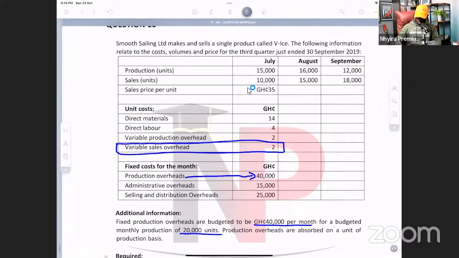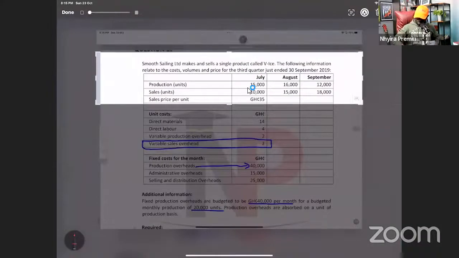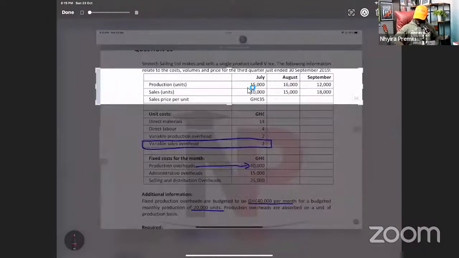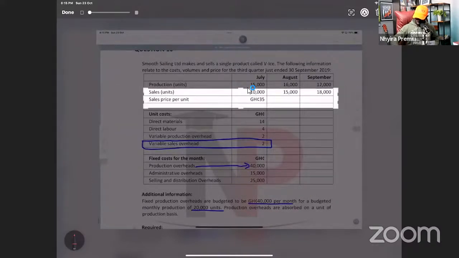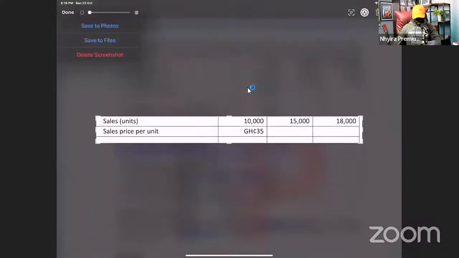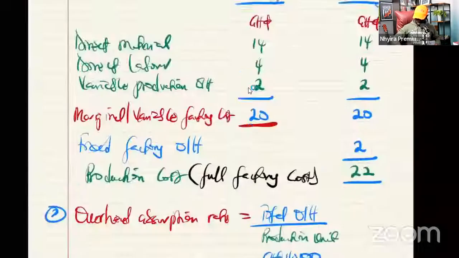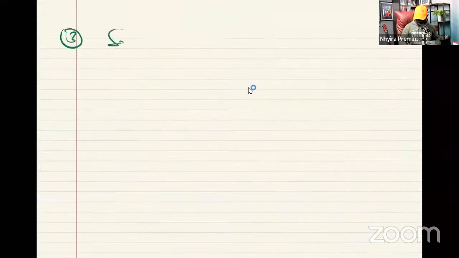So we can do a workings for that so that we can bring the absolutes up. So let's copy this. These are the sales units. And we're going to do a workings for that. So let's go back to workings 3, calculating the sales.